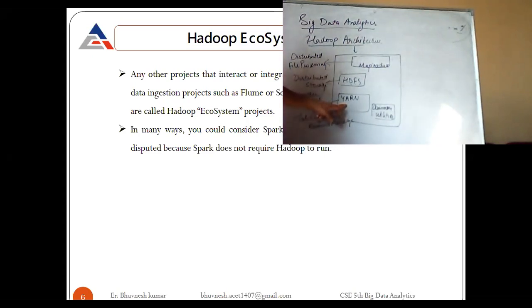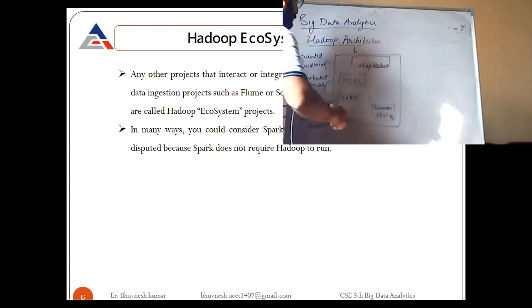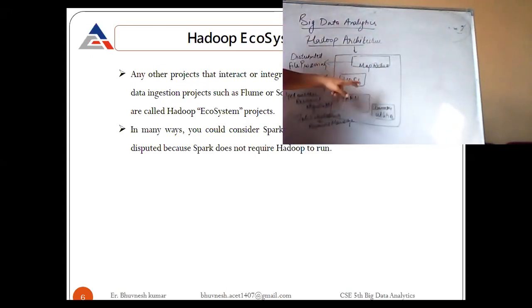This is also a framework, HDFS, the Hadoop Distributed File System, and it is used for storing files. Distributed file storage is done by this framework. Processing of your data is done by MapReduce, which is also a framework.